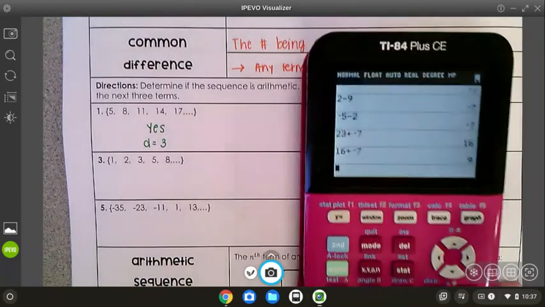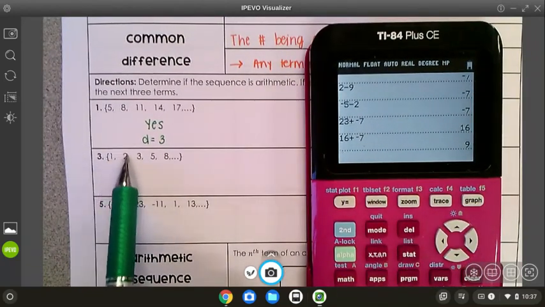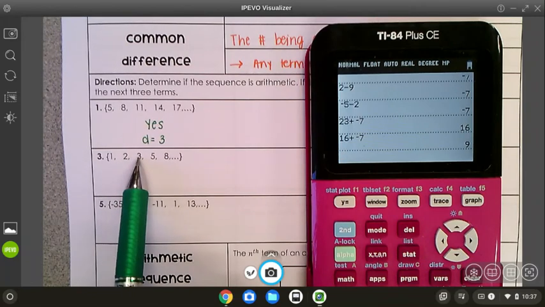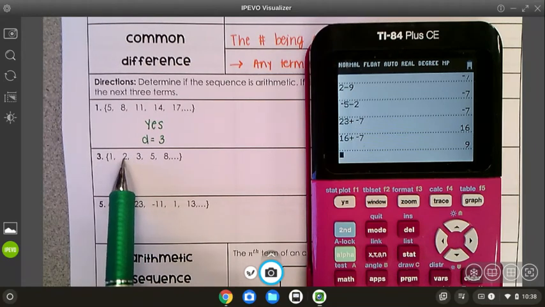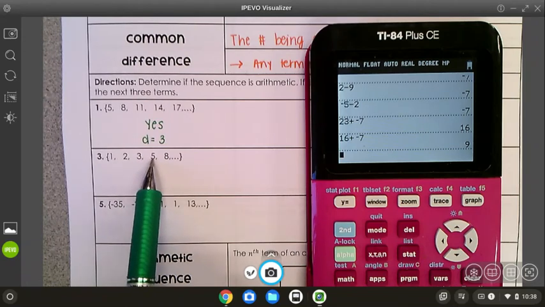Okay, let's look at number 3. From 1 to 2, I'm adding 1. 2 plus 1 is 3. So this one might be arithmetic. It looks like I'm adding 1. But what's 3 plus 1? 4.